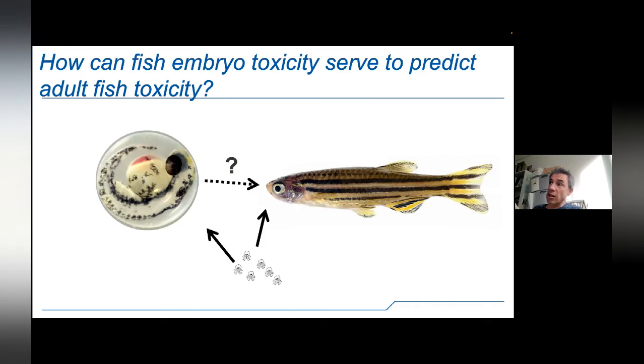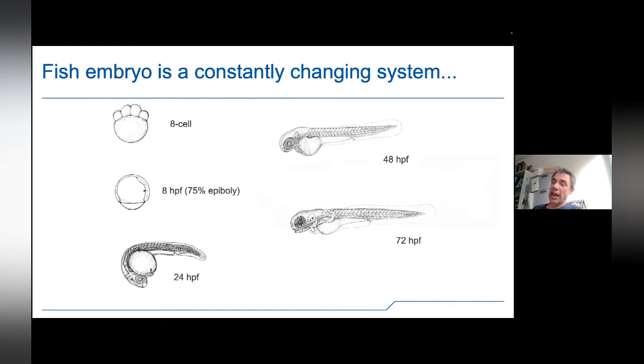And as you can see, fish and adult fish and fish embryos are quite different. You can see it already here. And the embryo is a very dynamic system. So this is a zebrafish embryo. Within 3 days, it develops from a single cell to a complete organism.